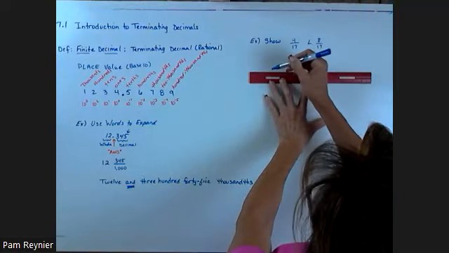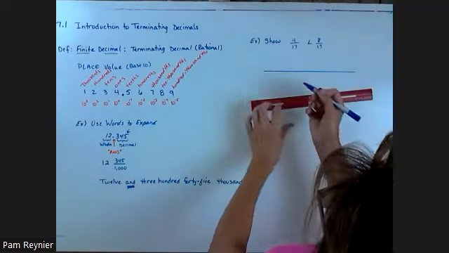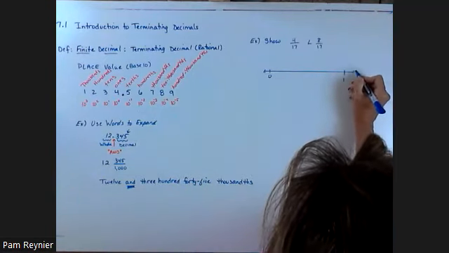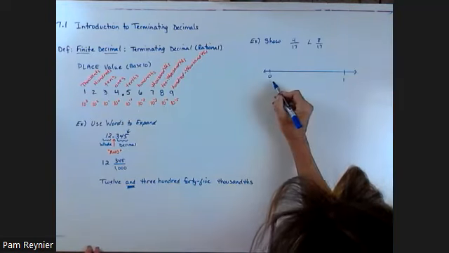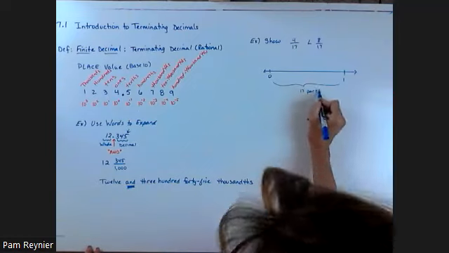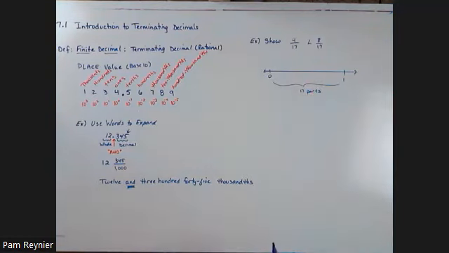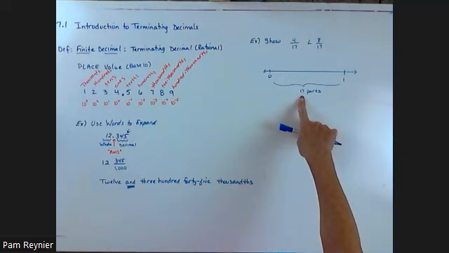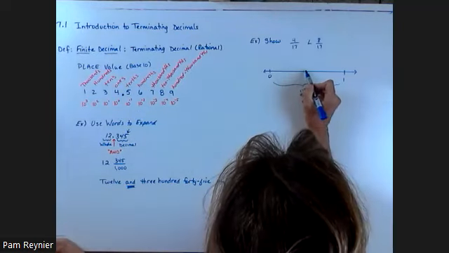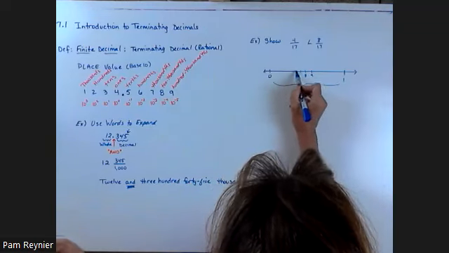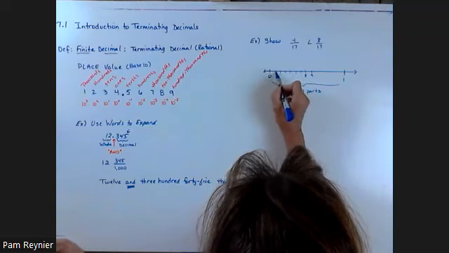We could say, okay, on a number line, between 0 and the whole number 1, we have divided this into 17 parts. And that's going to make the entire whole number. Instead of me writing out 17 parts, we'll kind of estimate. Half of 17 is 8.5. So I'm going to call this right here 8. I'll call this 9, 7, 6, 5, 4, 3, 2, 1.